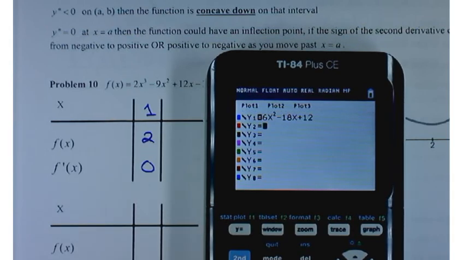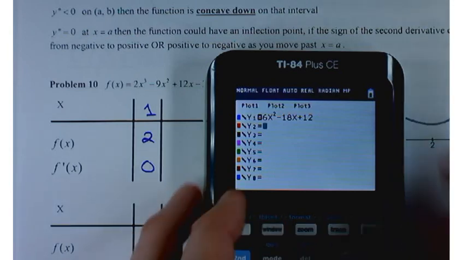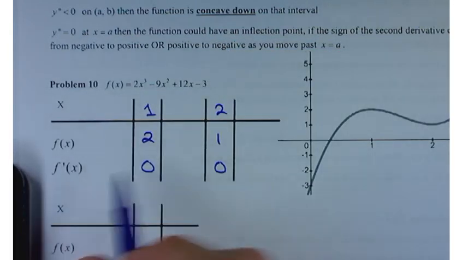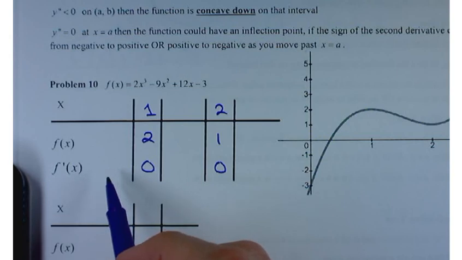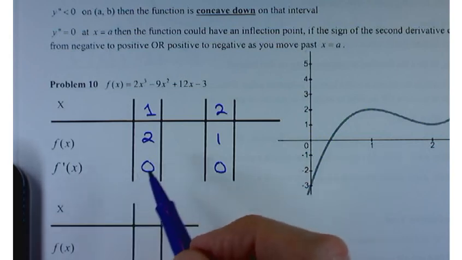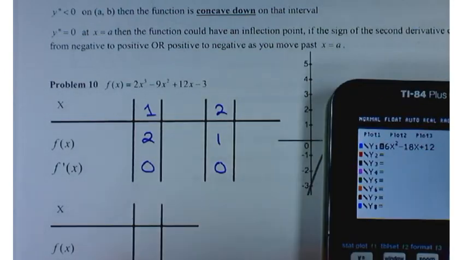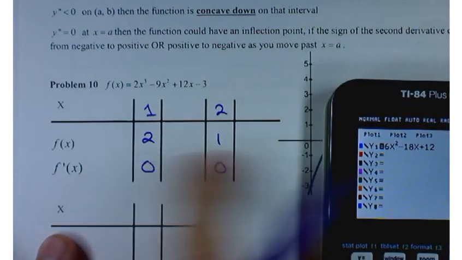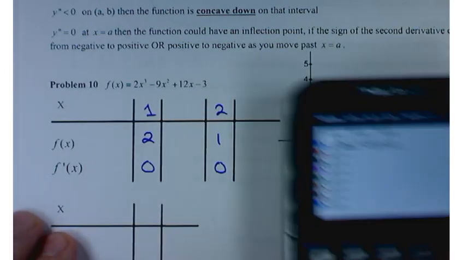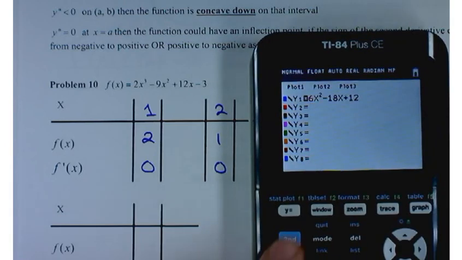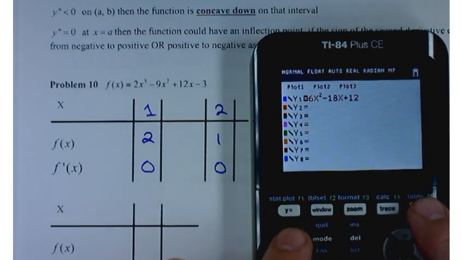And what I need from this is I need to know what's happening on either side. What's happening with the derivative? Is it positive here? Is it negative? What's going on? So what we'll do is we'll test points around these critical points. How are we going to do that? Well, with a table.